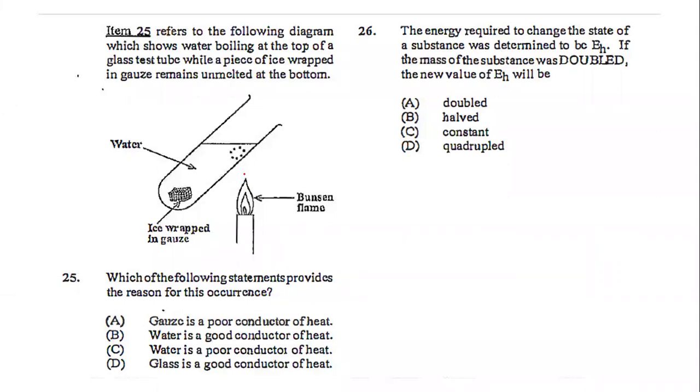But when we add heat here, eventually what we're going to see is that there are bubbles present here, which is telling us that this water is boiling, meaning that this here is approximately 100 degrees Celsius. And at the same time, we're not seeing the ice melting rapidly. What that is proving is that water is a poor conductor of heat energy, because the heat energy is not being transferred quickly from this point to this point here. All right, so the answer there is that water is a poor conductor of heat energy. So that is C.